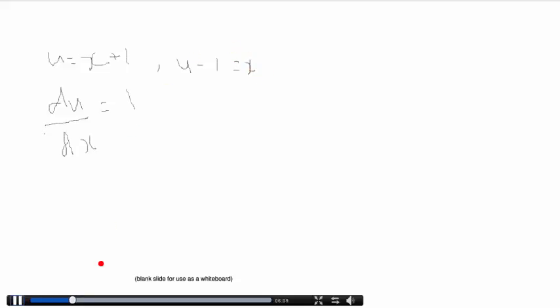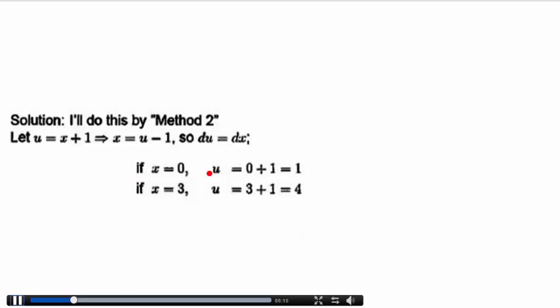Using this we can actually write our limits. We'll have to first go on to do our limits part. So once we have determined that u is equal to x plus 1, we'll now do x is equal to u minus 1 as well.